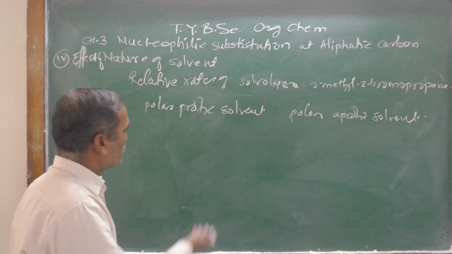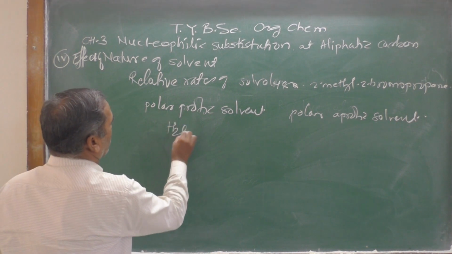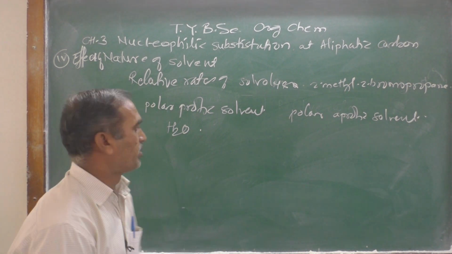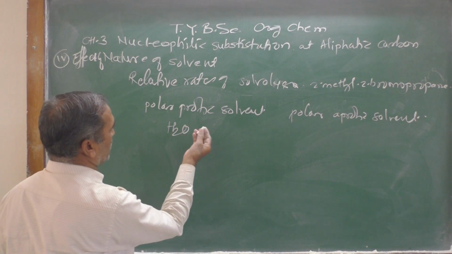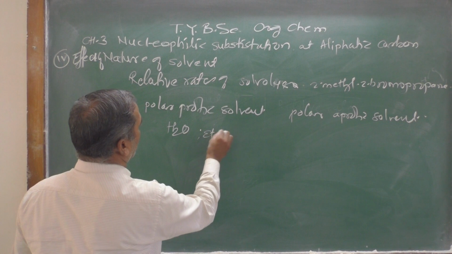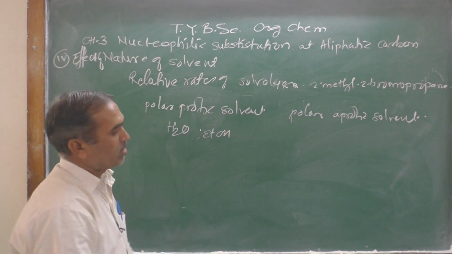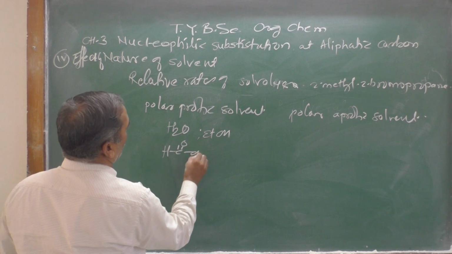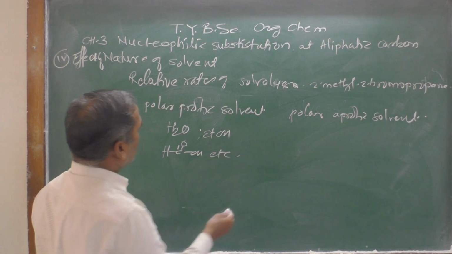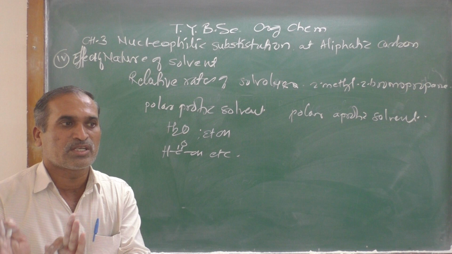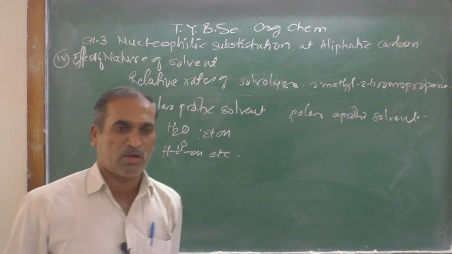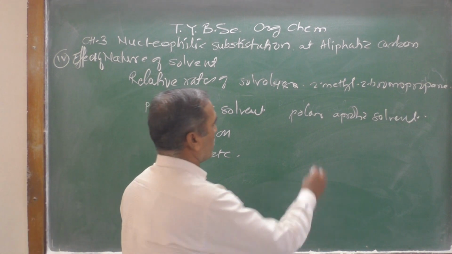Polar solvent, a well-known example is water, right? Water is a polar protic solvent, and ethanol, EtOH, is also a polar protic solvent, or formic acid, HCOOH, etc. These are the polar protic solvents. Now remember the polar aprotic solvents. What are those? Let us see here.